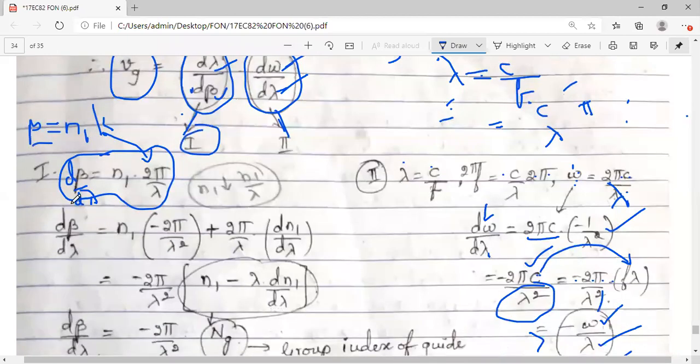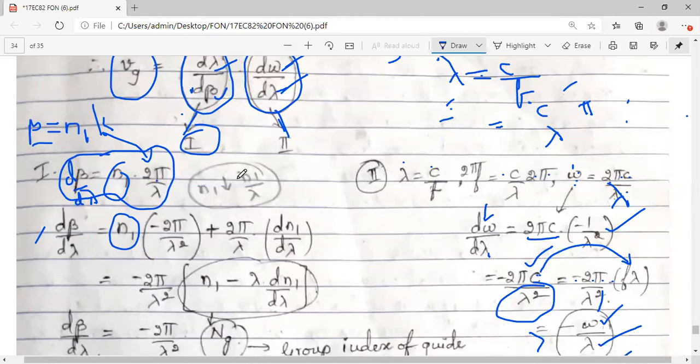So first let me find this d beta by d lambda, which is equal to n1, the refractive index. It's a constant number. For any material it is fixed. I will keep it as it is. Now coming to the second term, 2 pi by lambda.